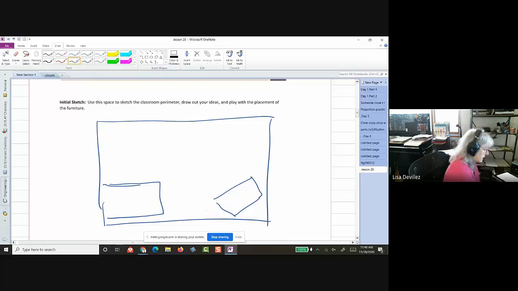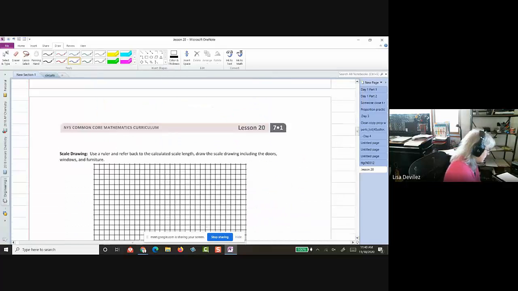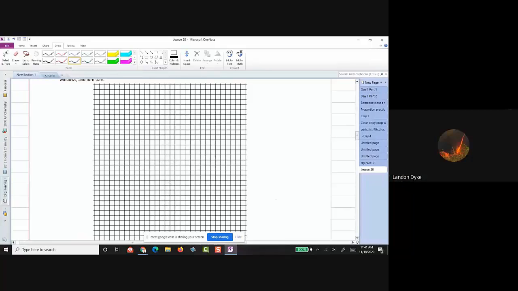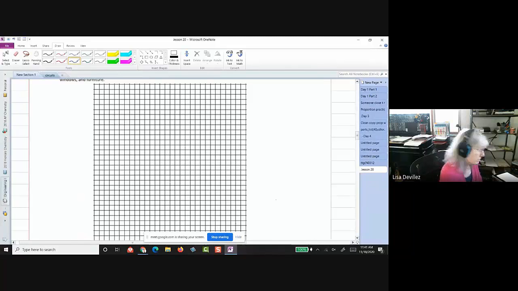not necessarily in proportions. And then this last page here, you can print it out if you want to, or you can use Kami on this page, or if you have Word desktop, I have this in a Word file as well. Or again, you can use the virtual graph paper.